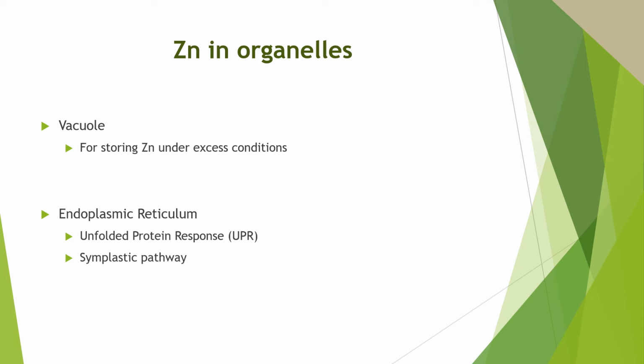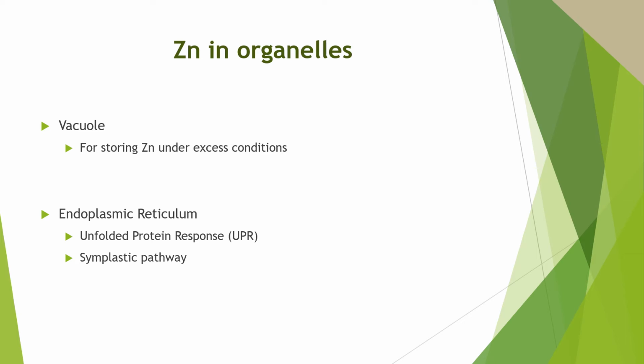Subcellular zinc stores are also very important in zinc homeostasis in plants. For example, the vacuole is very important for storing zinc under excess conditions. Many mutants in vacuolar transporters that transport zinc into the vacuole show reduced fitness in high zinc levels, backing up that claim. Now, moving on to the endoplasmic reticulum, this is where secretory proteins are folded, and disruption in this folding can be signaled through the unfolded protein response, or the UPR.